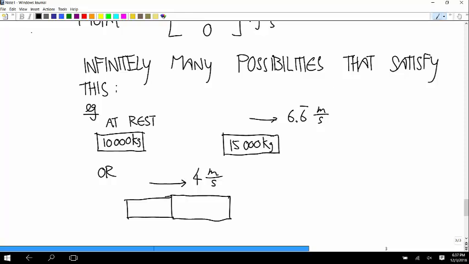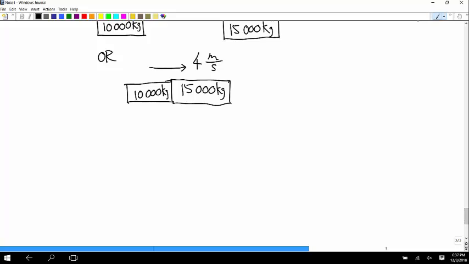Because now we have a total mass of 25,000 kilograms. Total momentum is 100,000, so divide 100,000 by 25 and you get 4. So that works the same way. That would be fine too. And there are infinitely many answers, but not everything works.